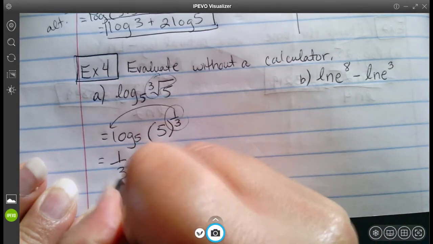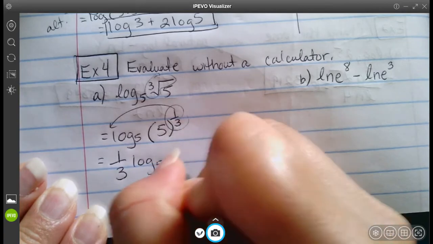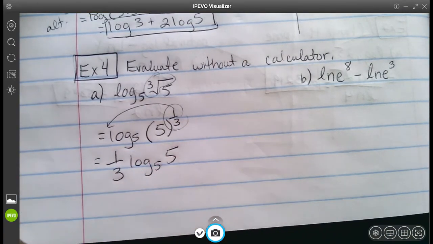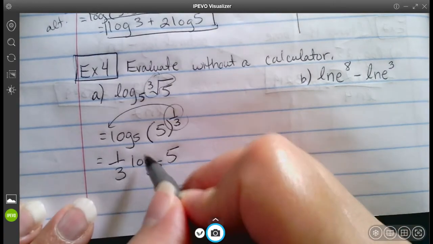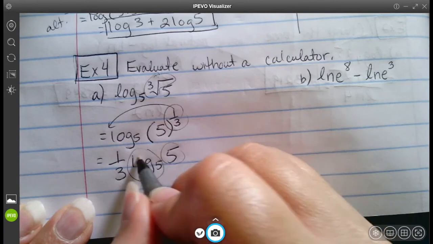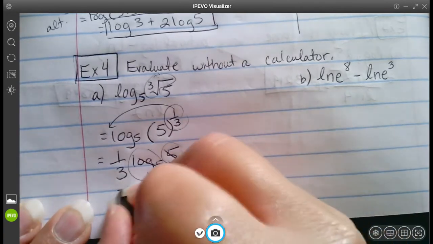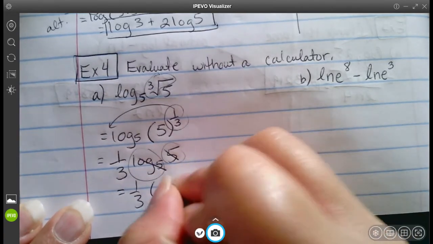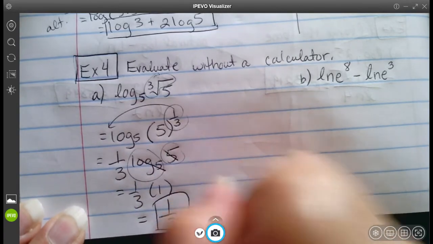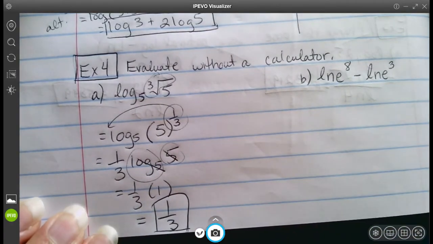So that's 1/3 log base 5 of 5. And then from a previous video, I should know that these two right here are equal to 1. So I can cross this out. And this is equal to 1/3 times 1, which is just 1/3. Okay?